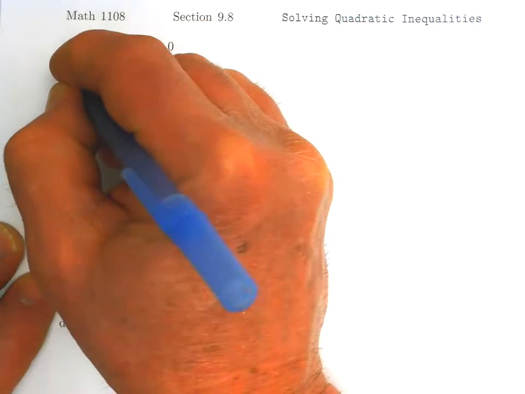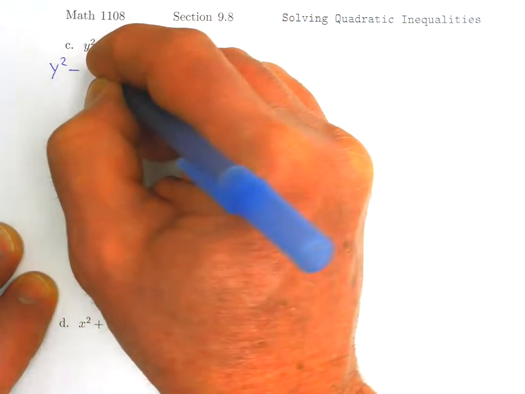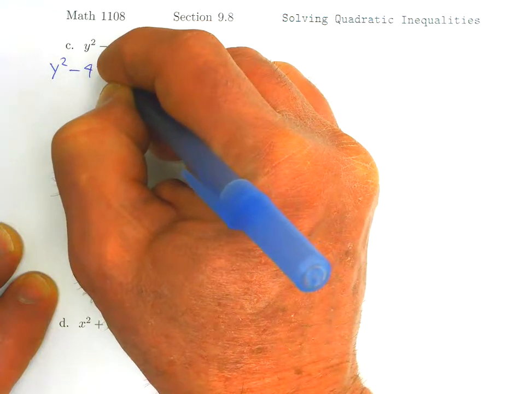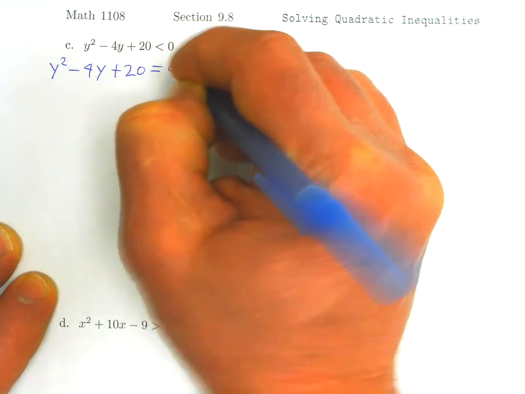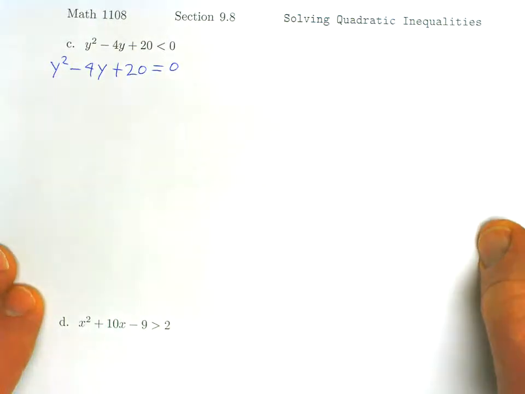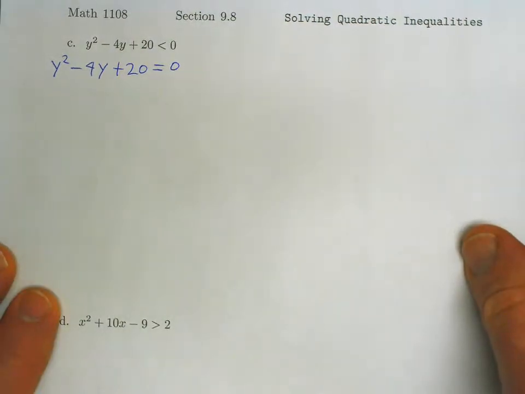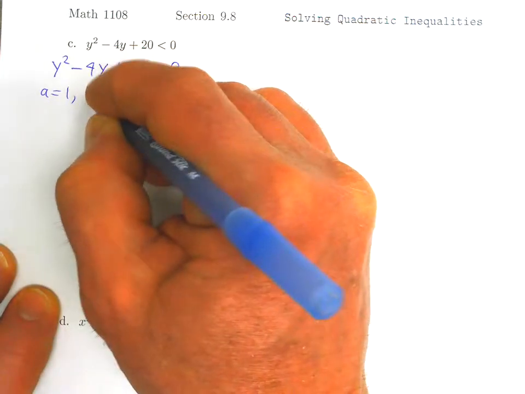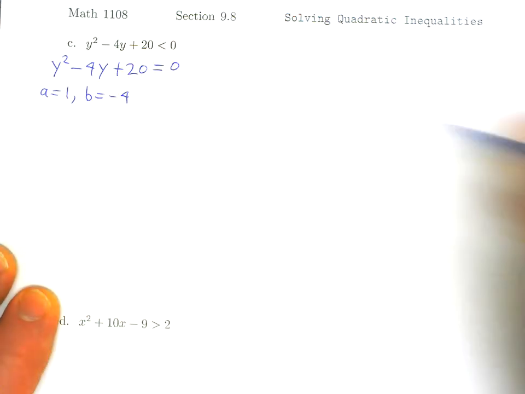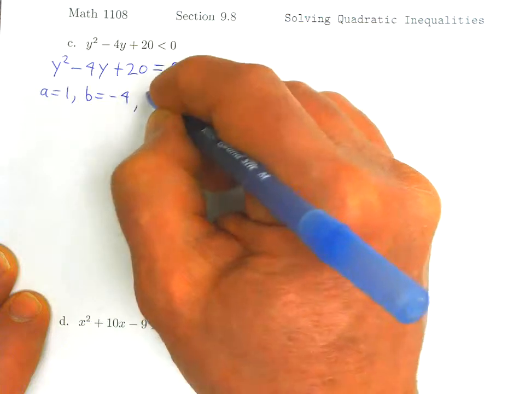So we find the endpoints by solving the quadratic equation, y squared minus 4y plus 20 equals 0. Okay, so let's use the quadratic formula. A is 1, B is -4, and C is 20.